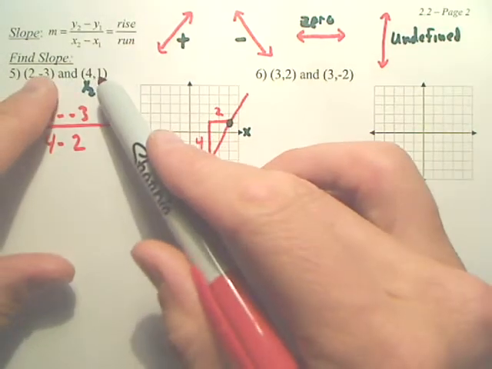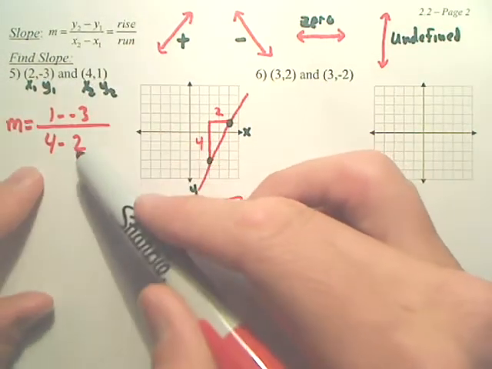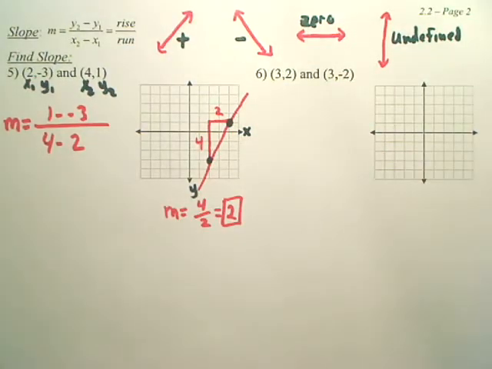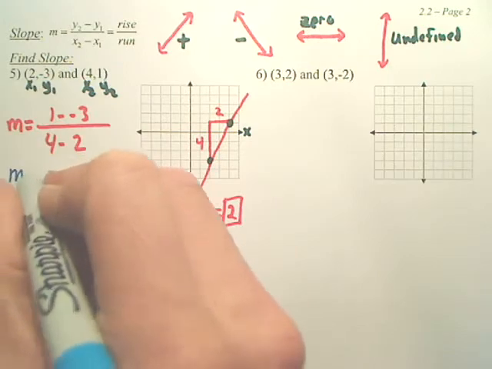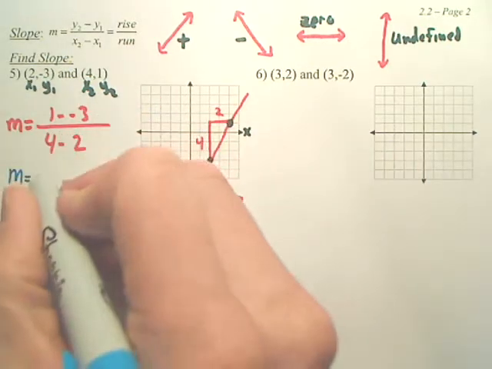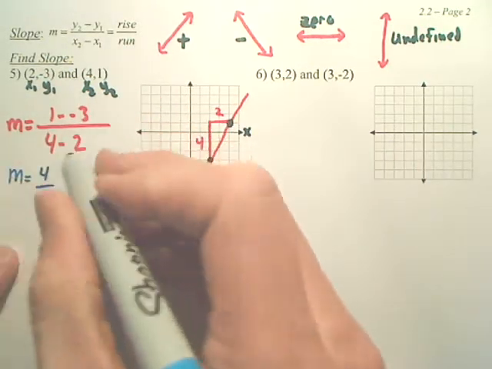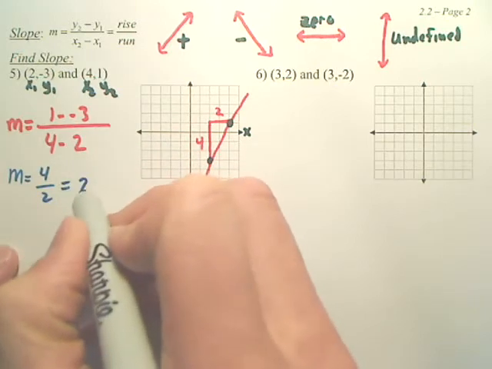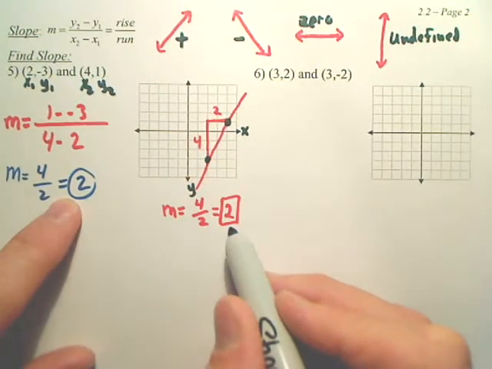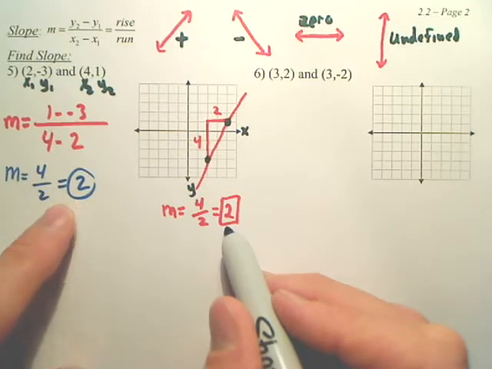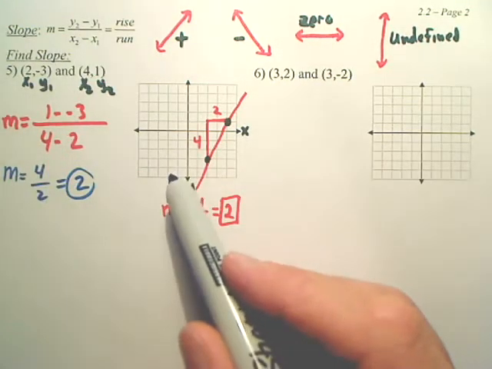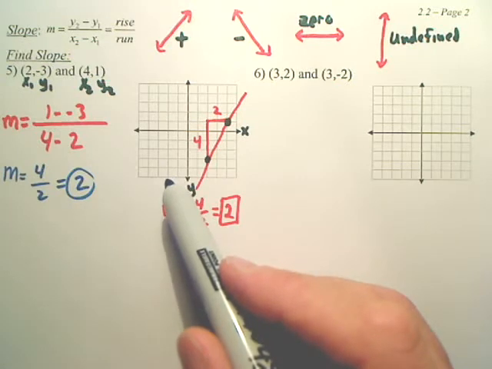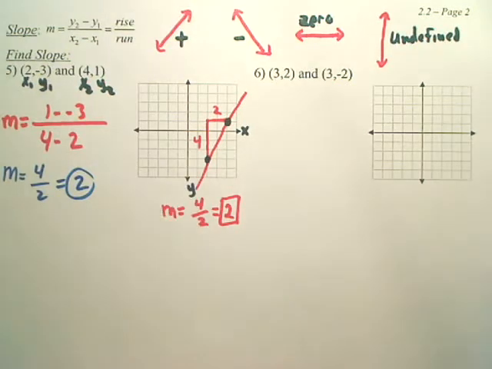So you basically subtract the y's, subtract the x's, make a fraction, simplify, reduce. That becomes 4 over 2, which is 2. Same answer? I prefer the formula to graphing it. But some people like the graph because it gives them a visual of what happened.